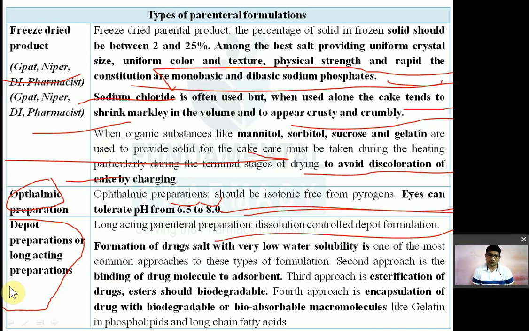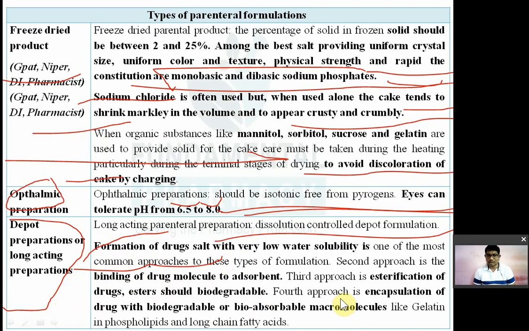अगर आपको formulation long acting बनाना है, so if you want to make a long acting parenteral preparation, what are the different approaches? First approach is nothing but formation of drug salt with a low water solubility. अगर उसका solubility कम होगा तो उसका क्या होगा? Action slow होगा, मतलब sustained release होगा. Second approach is the binding of drug molecule to the adsorbent, so that drug molecule will be released slowly.